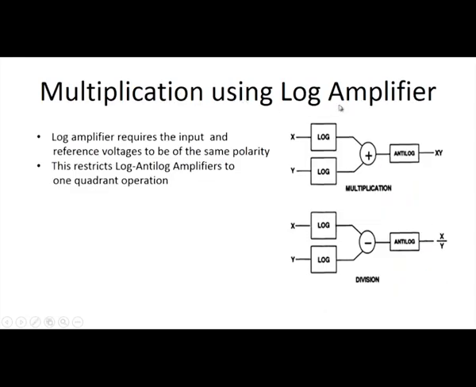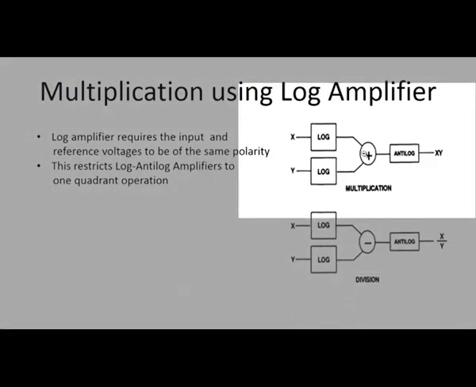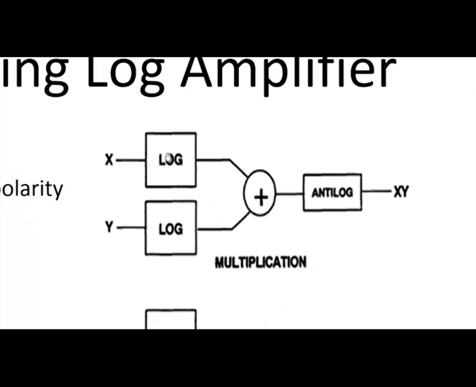Multiplication using a logarithmic amplifier. The logarithmic amplifier is also used for multiplying two signals. The first circuit shows multiplication using log amplifiers, where x is the input for one logarithmic amplifier and y is the input for another logarithmic amplifier.